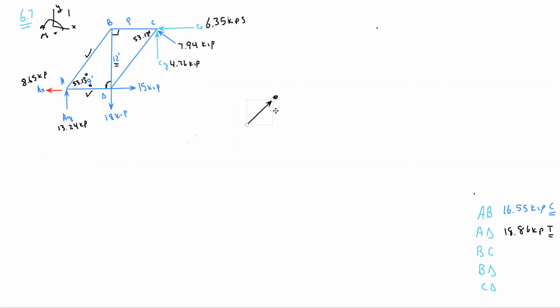My guess is that BC goes that way, and I'll also guess that BD is this way. AB is 16.55 kip, BD, and this one here is BC.